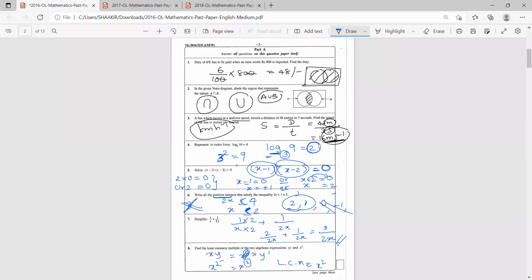So we have to take that power. Only one time we will write. And then if you take the y, children, in y you have only this. So you don't have any other y's. You have only y to the power 1. So you have to write only that. So now the LCM is x squared y. That's all. So this is the LCM.